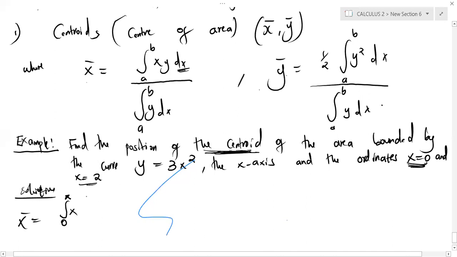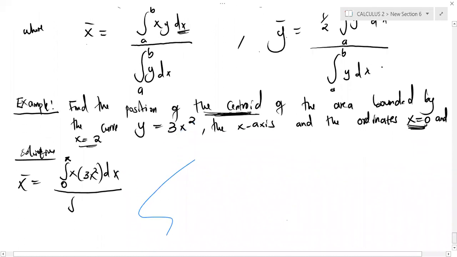Y is 3x squared, so 3x squared dx. All this is divided by the integral from a to b, so that is the integral from 0 to 2 of y dx. And what is our y? 3x squared dx. This is what will give us our x bar.